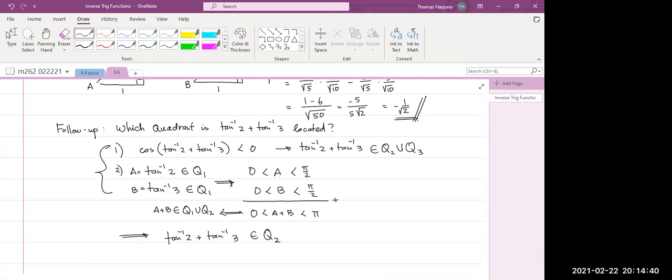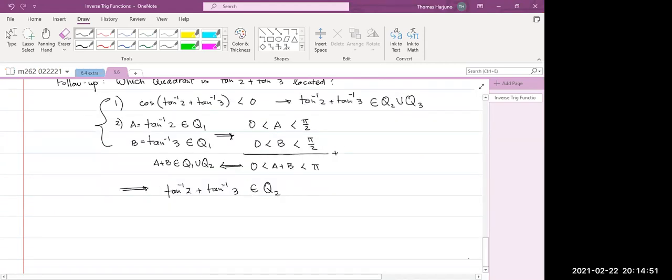Okay, so there's actually so many things we get here. So yes, you need to memorize that though. Memorize this: sum and difference formulas and double angle formulas.